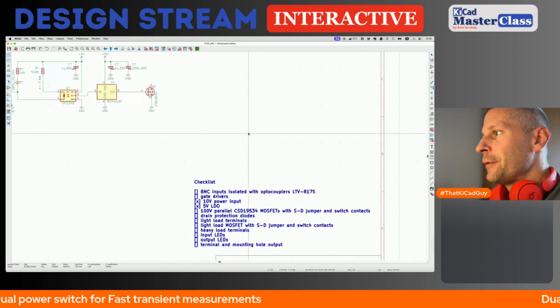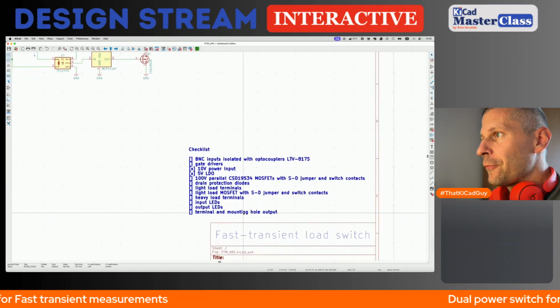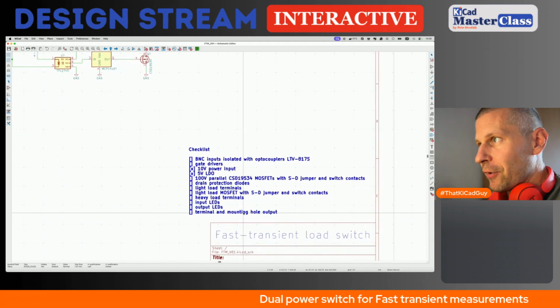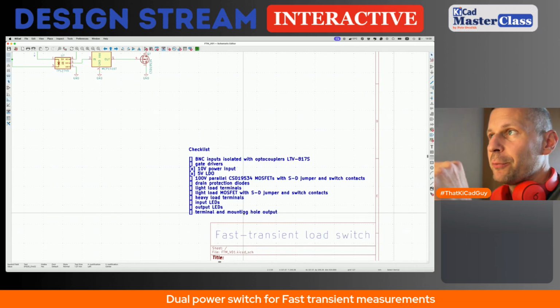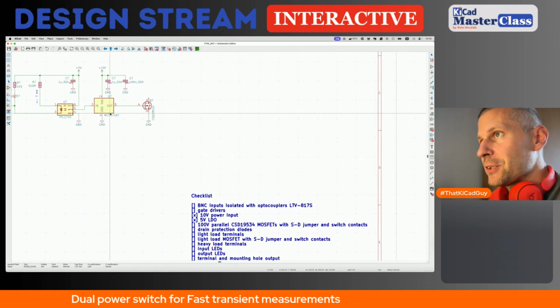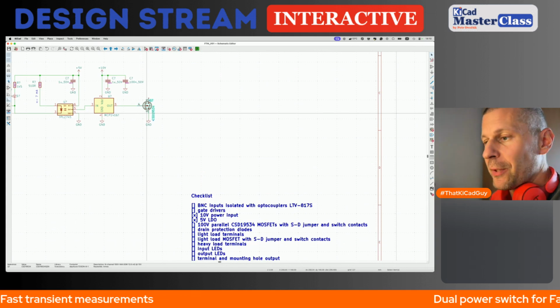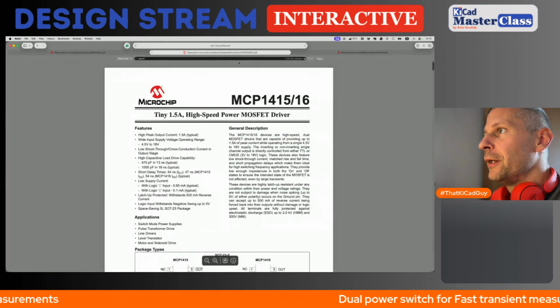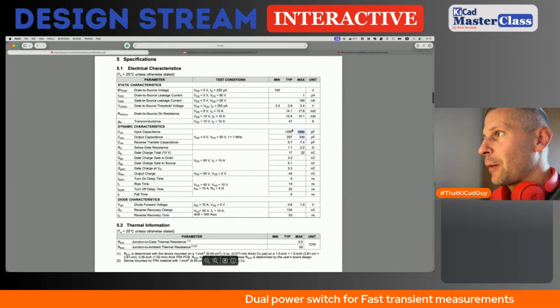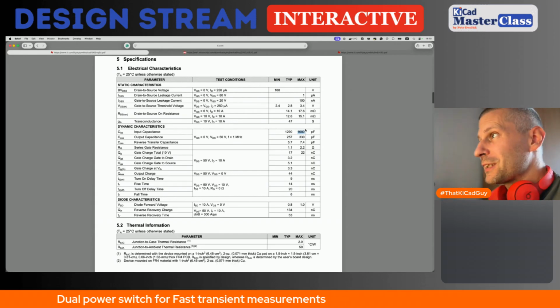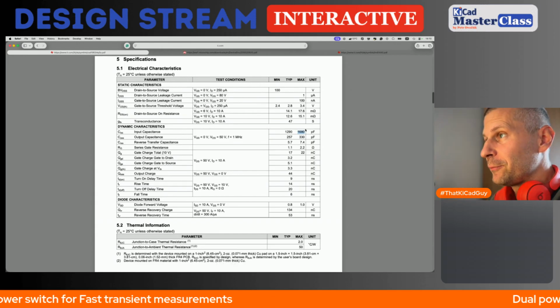So let's continue with the following point of the checklist: gate drivers. Gate drivers will be used to provide fast switching. If you are here since the beginning of the stream, you saw that I checked the capacitance of the most likely used MOSFET.